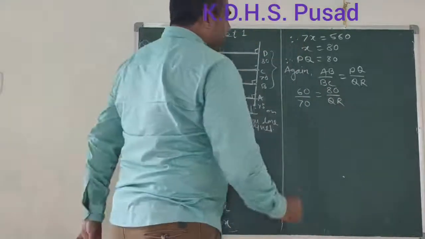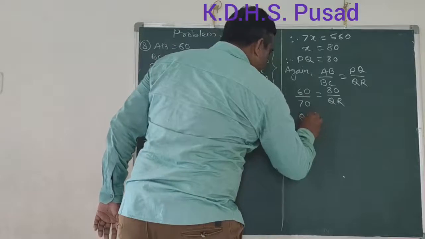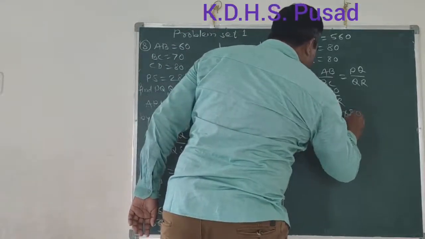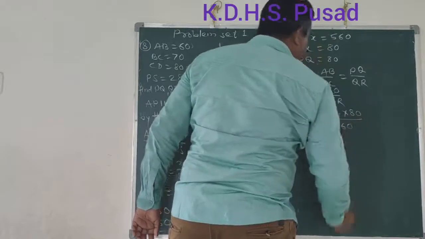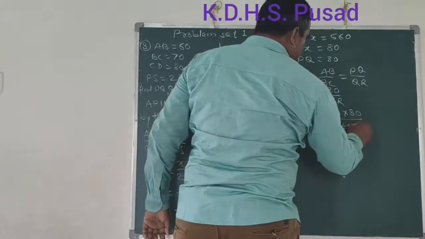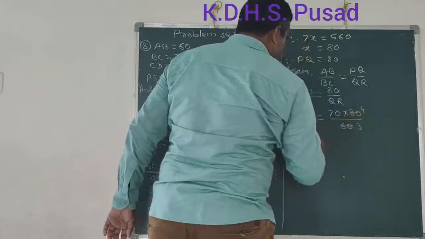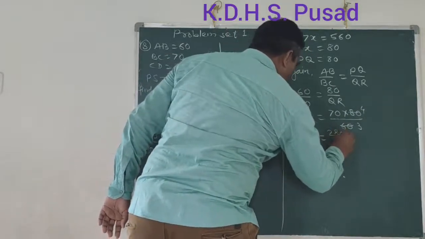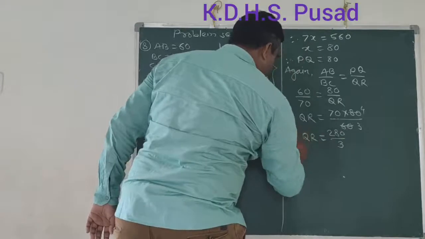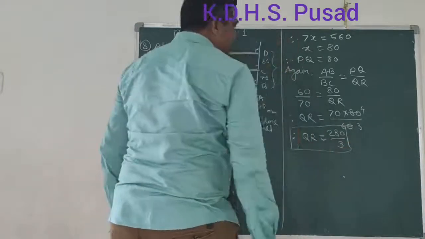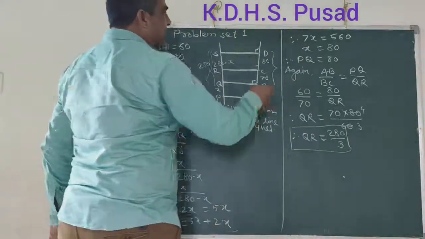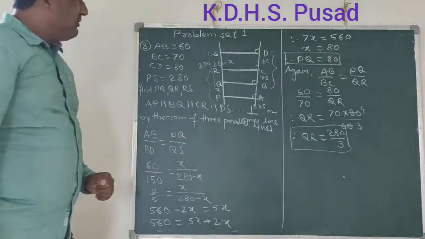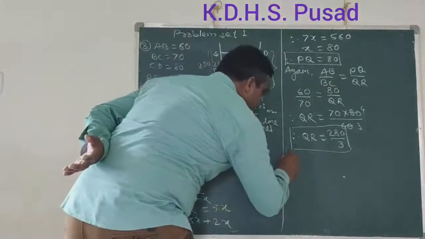Let's perform cross multiplication. Therefore, QR equal to 70 into 80 by 60. So here 3s and 4s cancel. Therefore, QR equal to 280 by 3. We got the value of QR as 280 by 3, and the value of PQ as 80. Now we want the third value again.